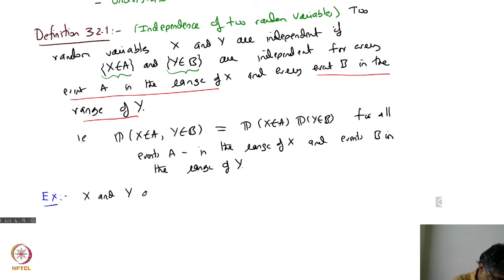So X and Y are discrete random variables.